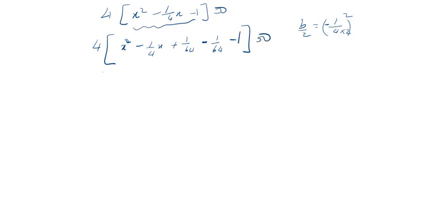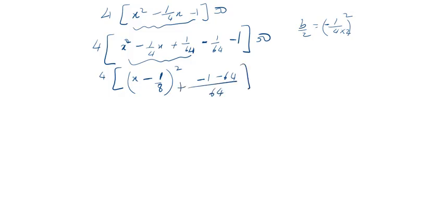So it's 4 into, this whole thing becomes x minus 1 by 8, the whole squared. This will become minus 1 minus 64 by 64 is equal to 0. So you get 4 into x minus 1 by 8, the whole squared, minus 65 by 64 is equal to 0.